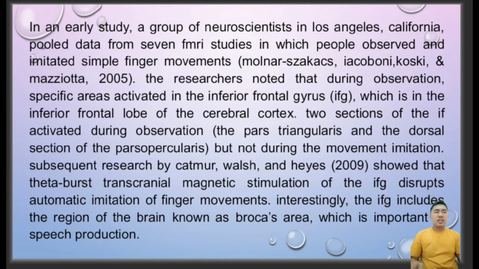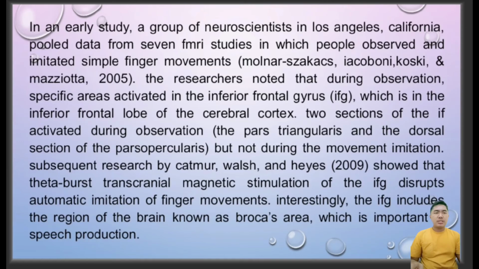Molenberghs, Cunnington, and Mattingley, 2009, noted that during observation, specific areas activated in the inferior frontal gyrus, or IFG, which is in the inferior frontal lobe of the cerebral cortex. Those two sections of the IFG activated during observation and during the movement imitation.